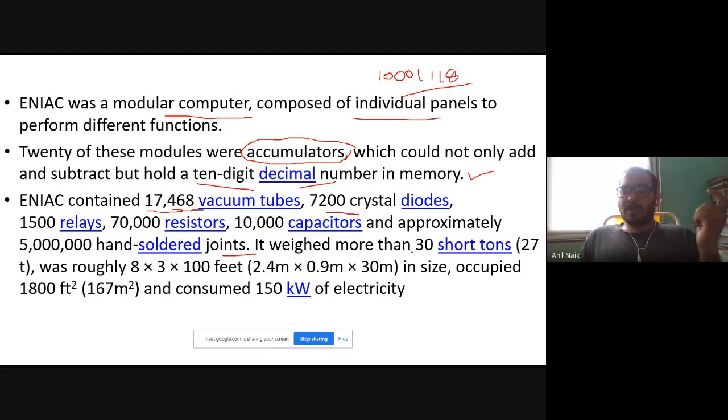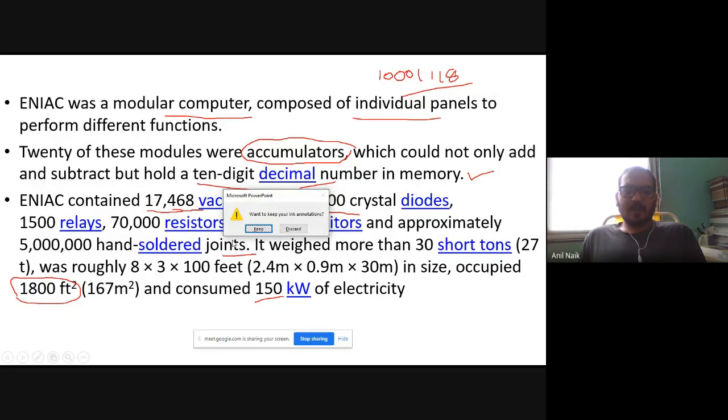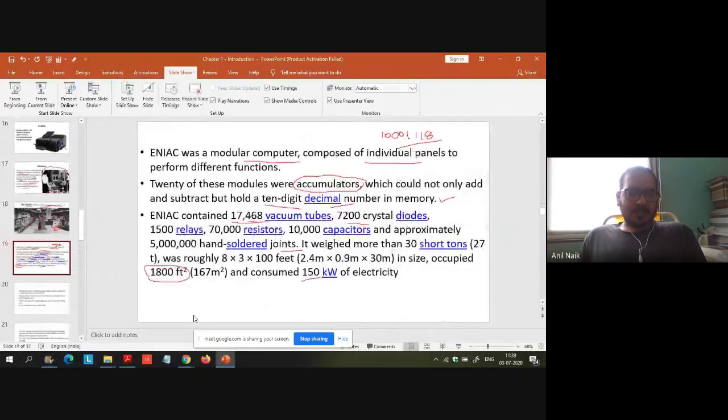It weighed around 30 short tons and covered around 1800 square feet, the size of a construction house plot. It consumed around 150 kilowatts of electricity. That was the drawback of the first generation computers.